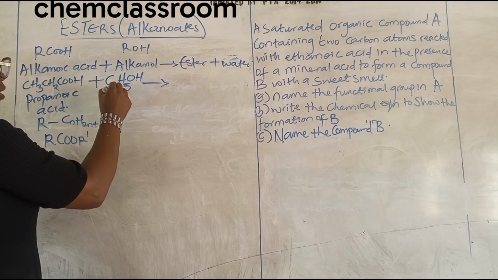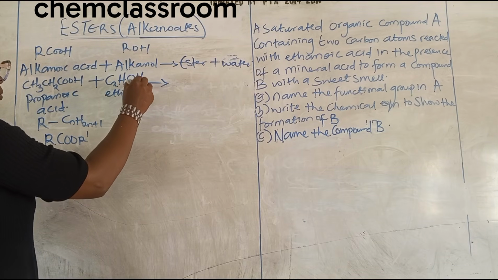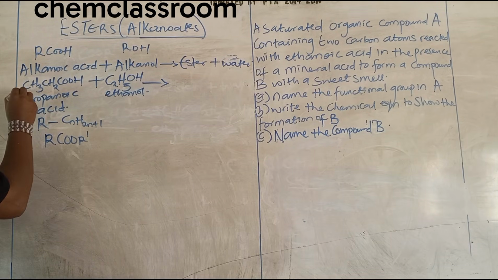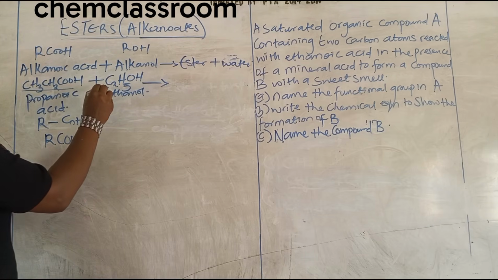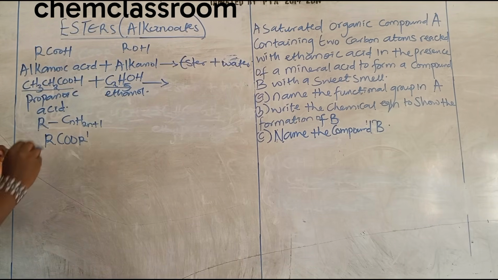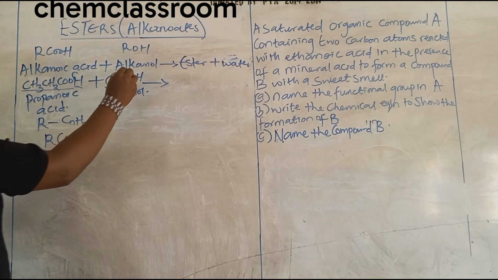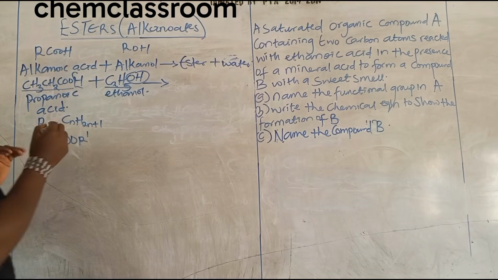Okay, now let's see how we are going to write. So this is our ethanol. Now this is going to cut out, then this is going to cut out as well. Then hydrogen and hydroxide will form water.